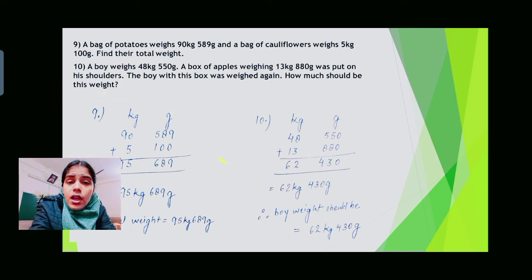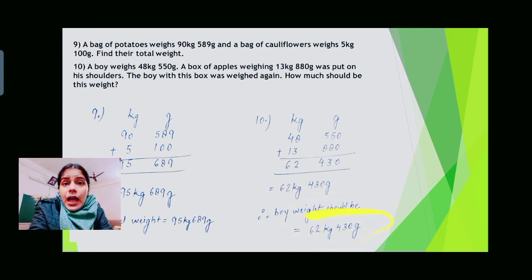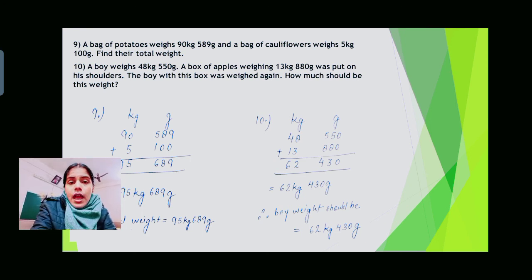The boy with this box was weighed again, and how much should this weigh? So class, after putting that box on his shoulder, you need to find the weight of that boy. To find that, you need to add them. Let's add it. Class, 48 plus 13 and 550 plus 880. When you add them up, you will get 62 kg 430 gram.